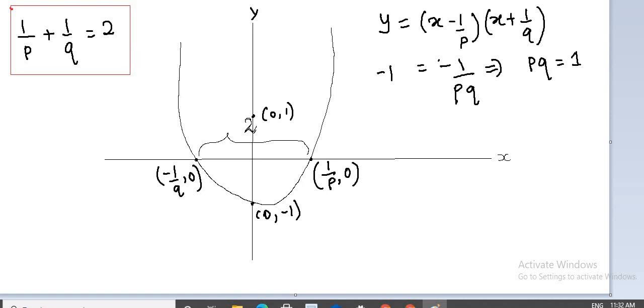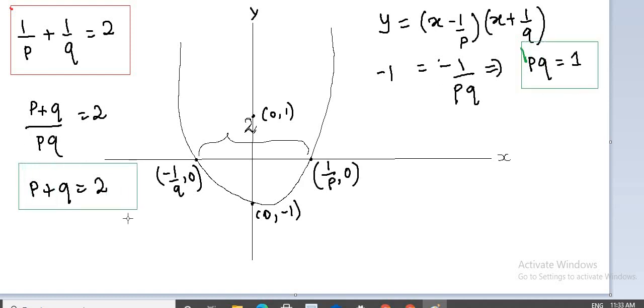Moving further, you will simplify this. You are going to get (p plus q) by pq is equal to 2. Hence, you can say p plus q is equal to 2 because we got the pq value as 1. So we have obtained two important relations. We have to find out which of the options will satisfy these two relations that we have obtained according to the question.